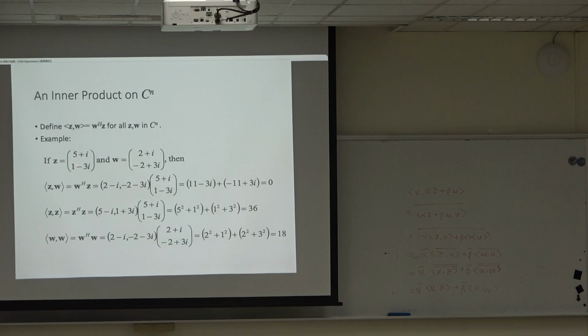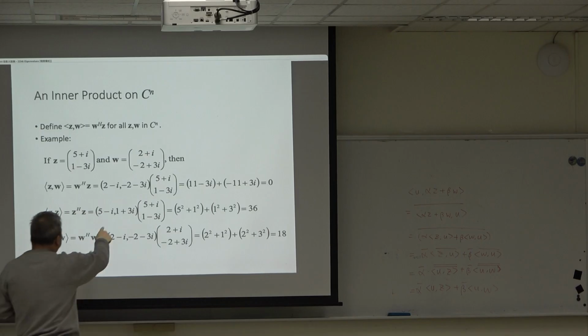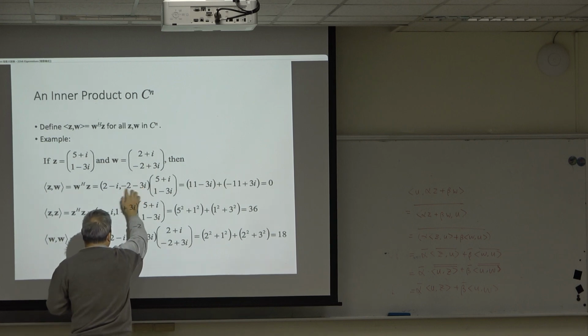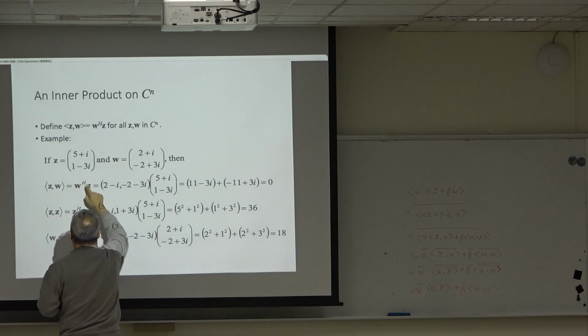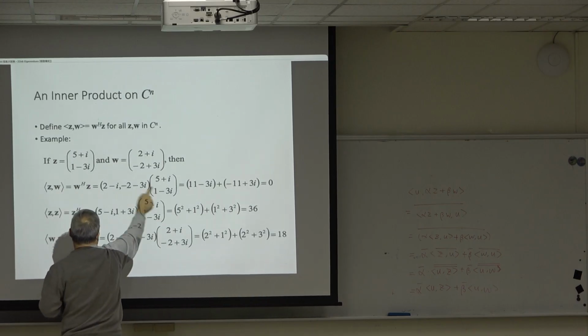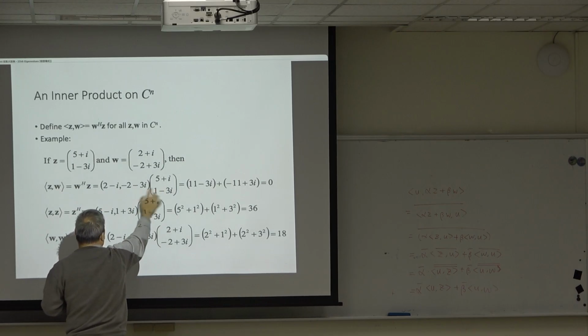So if Z is this one, W is this one, then Z inner product W is W^H Z. First you take the conjugate, and then the transpose. So it's going to be 2 minus i, negative 2 minus 3i, and times this one, which is Z. And then the result is this one.